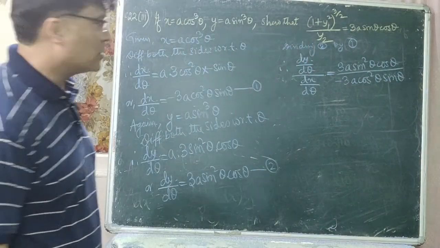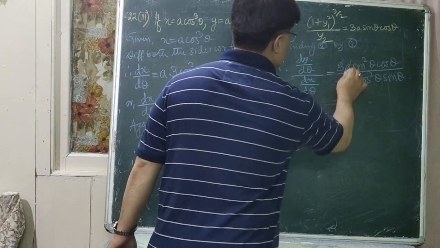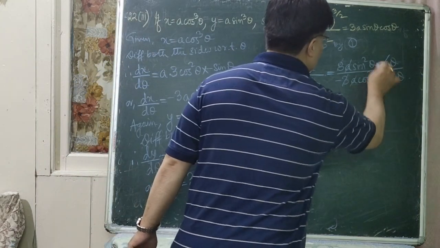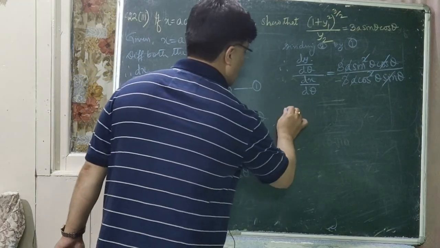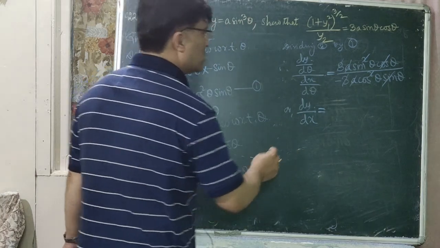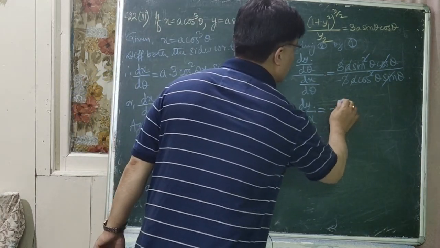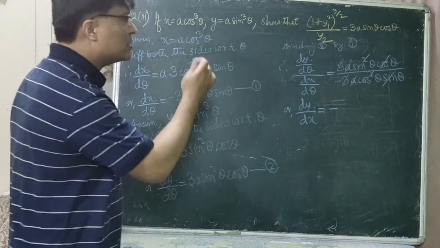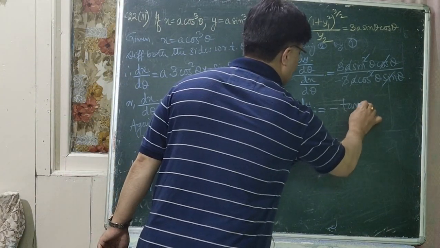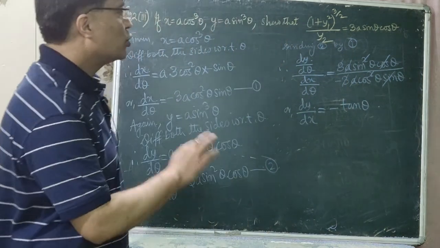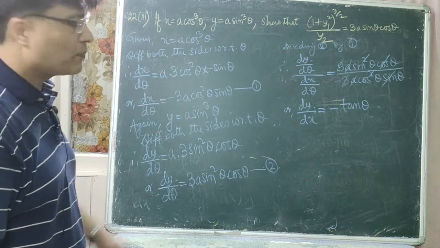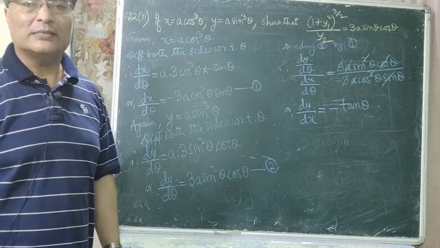So I think you have understood it. So here you can cancel 3a, cos theta and square get cancelled, and here also sine theta and square get cancelled. So what do we get here? That is dy by dx, which is equal to minus sine theta by cos theta, which is equal to minus tan theta. So this is your dy by dx.